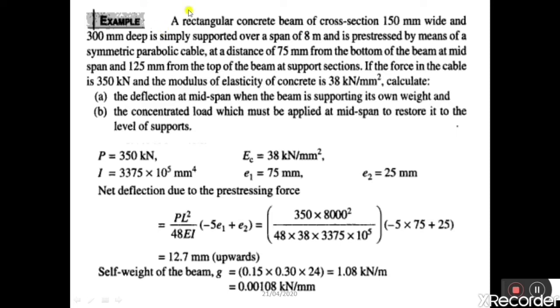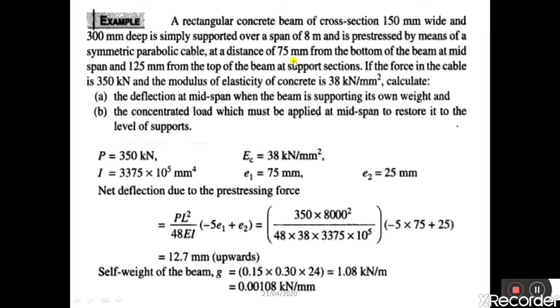So firstly, a rectangular concrete beam is having a parabolic cable, and the parabolic cable is having two eccentricities. So go through the question carefully. Here the eccentricity is at a distance of 75 mm from the bottom of the beam at the midspan. So here the overall depth of the beam is 300 mm, so y1 is equal to y2 is equal to 150 mm.